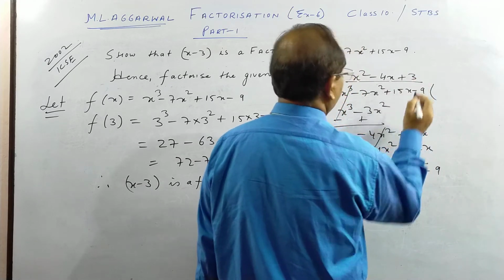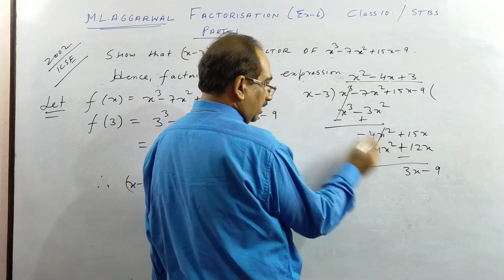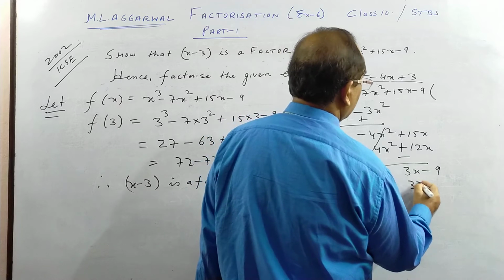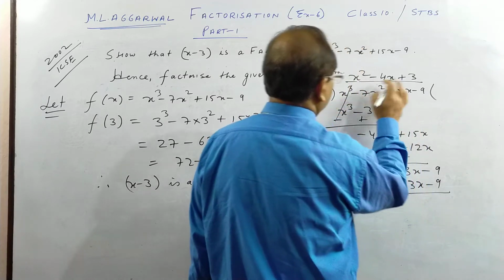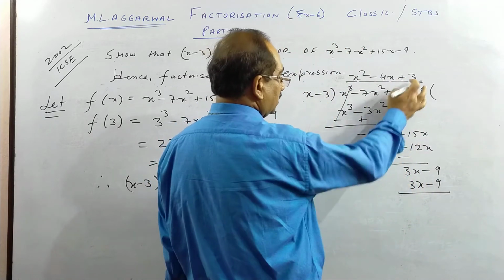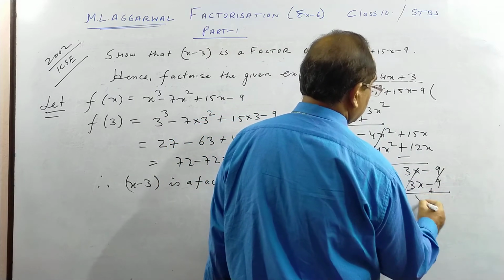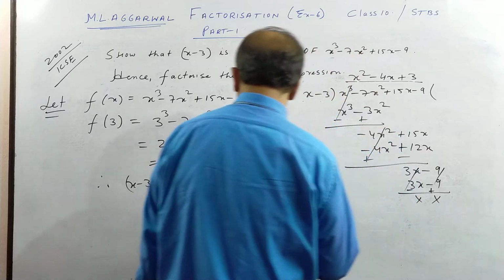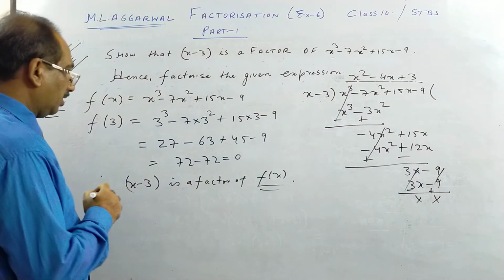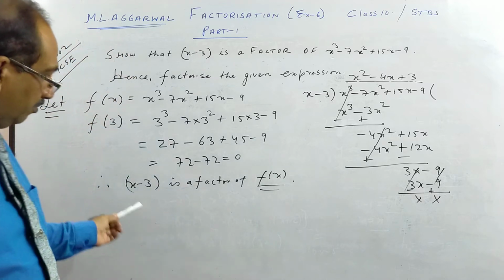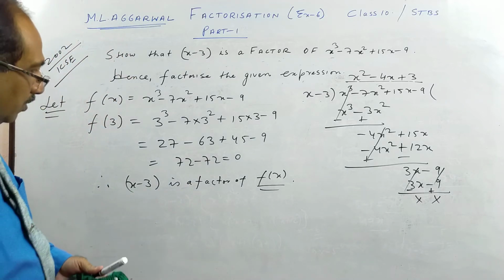So you multiply with 3. 3 into x is 3x, and 3 into minus 3 is minus 9. So when you subtract, children, it cancels. So this line I am rubbing, and you will get 1 mark here.